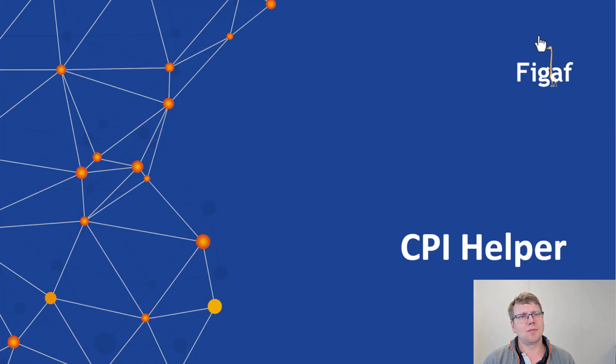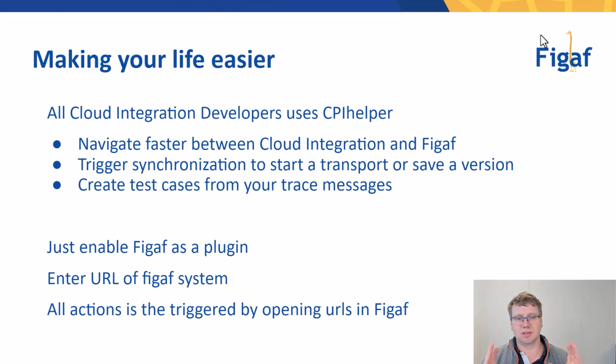We do have a way to make some of these processes a little easier, and this is CPI Helper. You probably know CPI Helper. It's an excellent plugin that you deploy on your CPI tenant or in your Chrome browser or Edge. It allows you to do all kinds of things, navigate faster when dealing with cloud integration development.